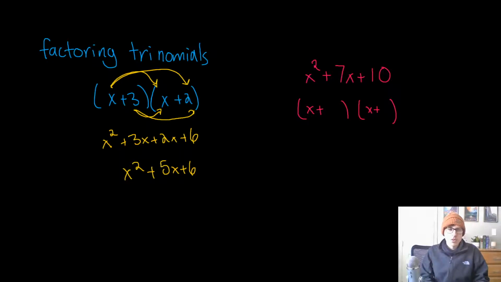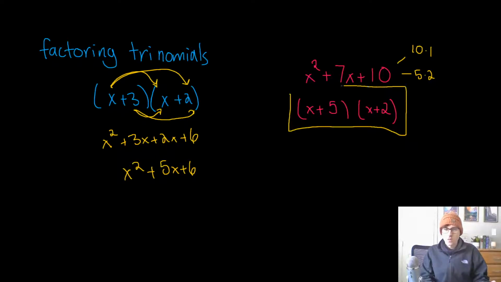And then 3 plus 2 is 5x, so I also need two numbers that add to 7. Well, what are some numbers that multiply to 10? Well, we've got 10 and 1, and then we've got 5 and 2, and as far as whole numbers go, at least, that's really all we've got. 10 plus 1 is 11, so that's not good, but 5 plus 2 is 7. So here, if I put a 5 here and a 2 here, then I would have successfully factored x squared plus 7x plus 10.